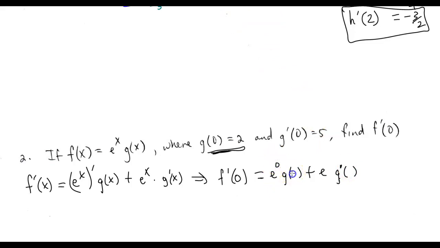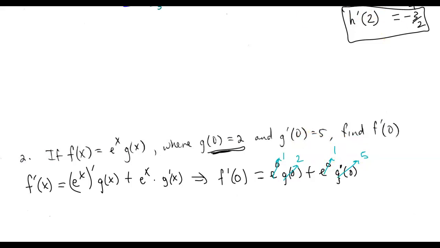So we got a 0 here, 0 here, 0 there, 0 there. And now we see that e to the 0 is just 1. G of 0 is going to be 2. And g prime of 0 is going to be 5.